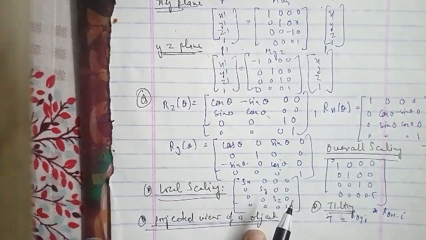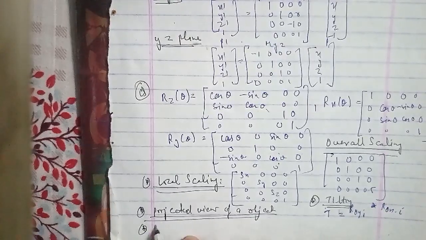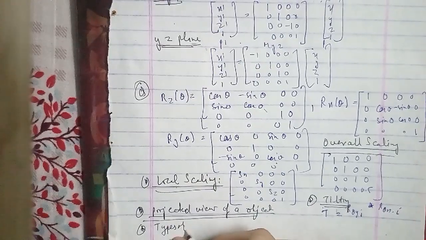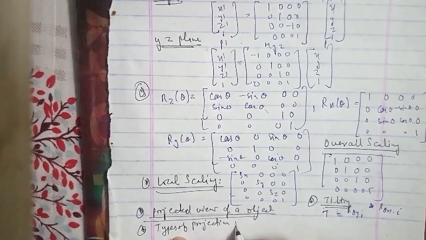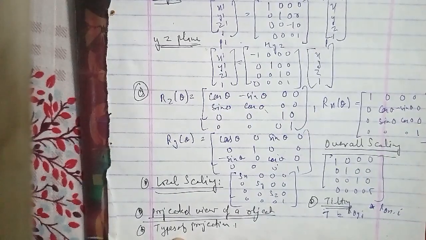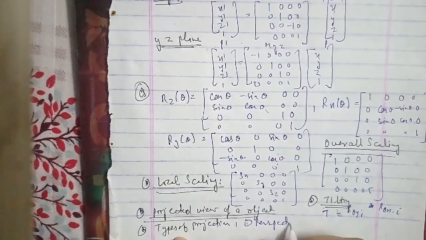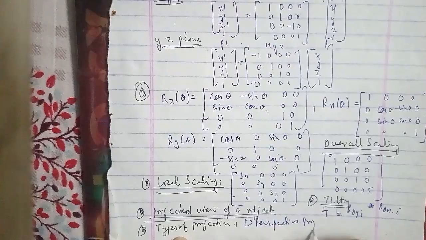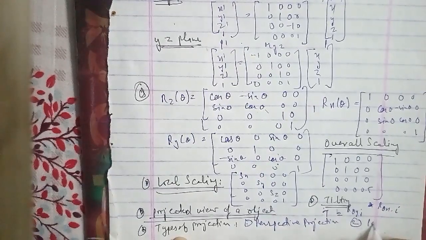Now we'll talk about the types of projections. The first we have is perspective projection, and the second is parallel projection.